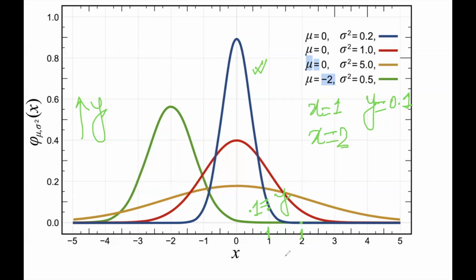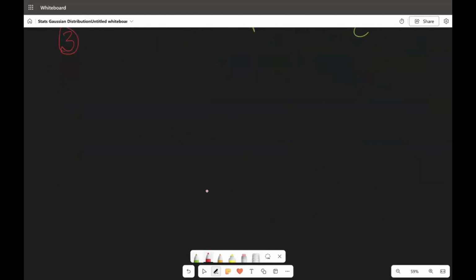So that's one of the important properties of your PDF. As x moves away from mu, your y reduces exponential of minus x squared, correct? Let me write the third conclusion.